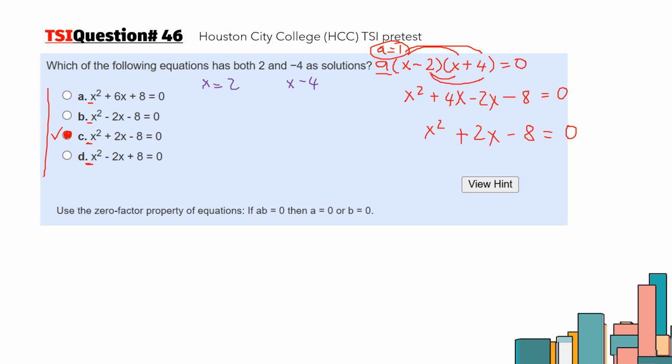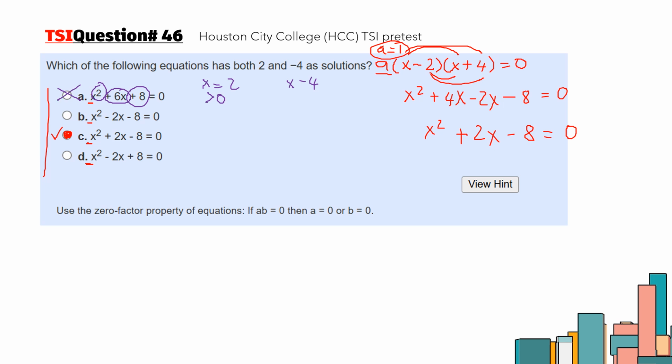For example, here 2 is positive and its square is positive, so adding positives makes it positive. So it cannot be 0. Positive means greater than 0. So we stop right here and eliminate A.